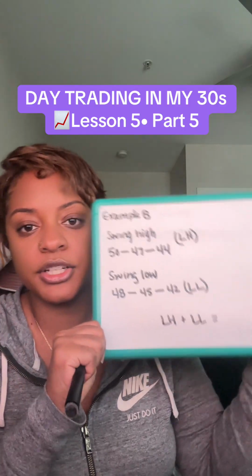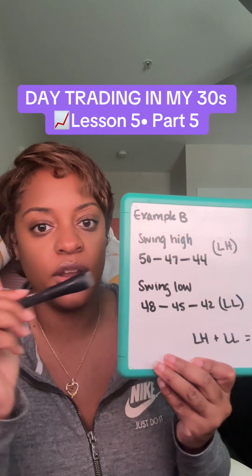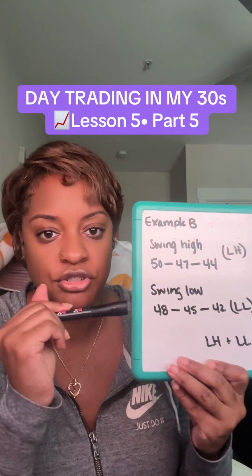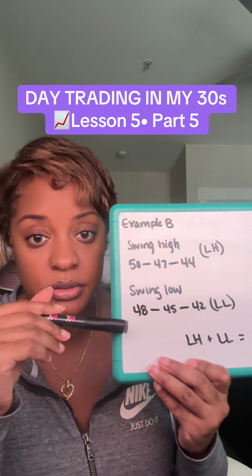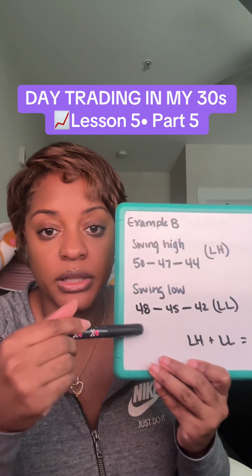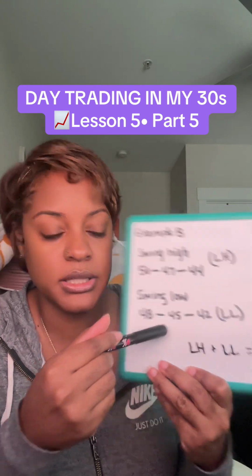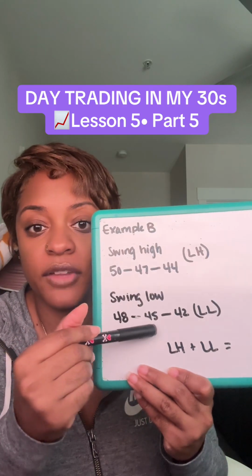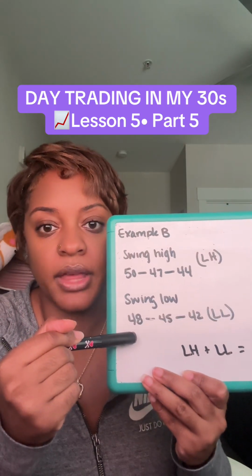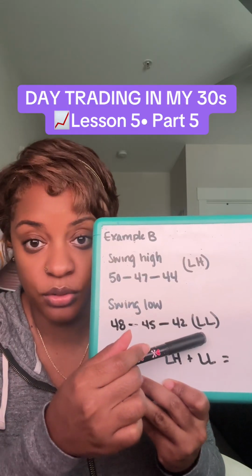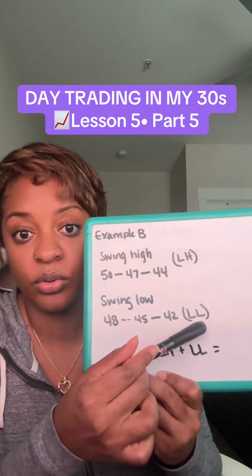And then for swing lows, because remember, no matter on an uptrend or downtrend, you still have swing lows. The first swing low is 48. The current swing low is 45. 45 is lower than 48, so that makes it a lower swing low, or slash the swing and it becomes a lower low.